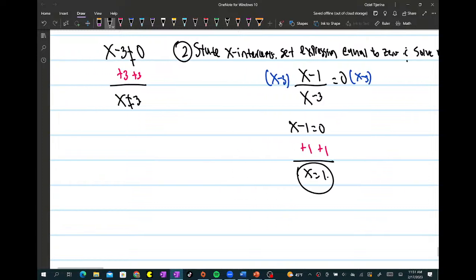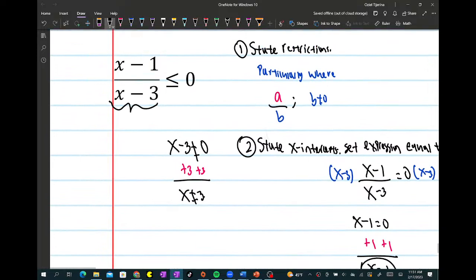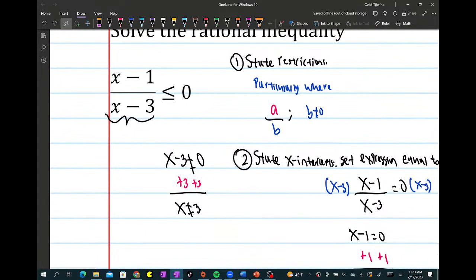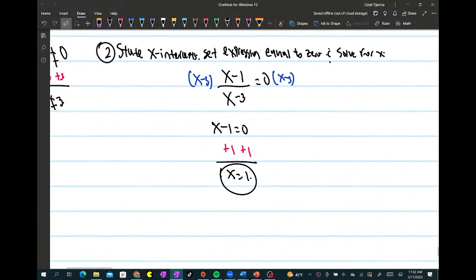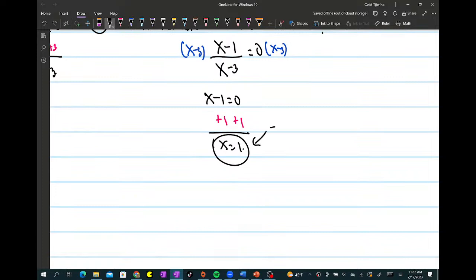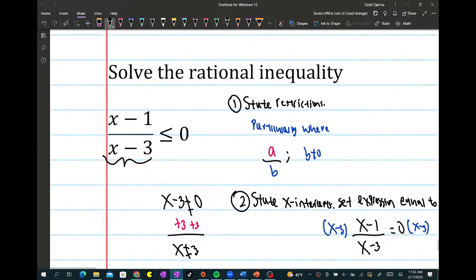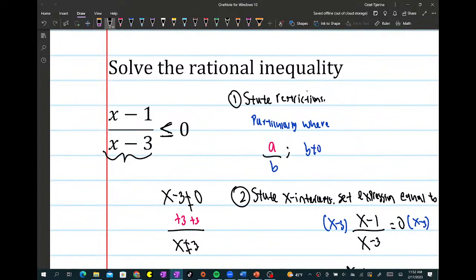So again, we know for a fact that 1 will be one of the numbers that we're going to be using, and that it will be included in the interval. And the reason why I say that is because it's less than or equal to 0.